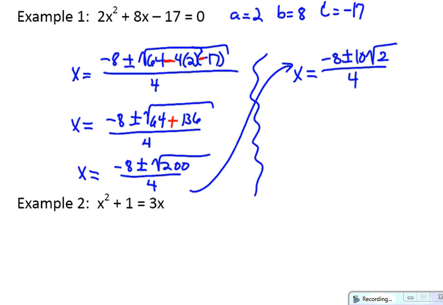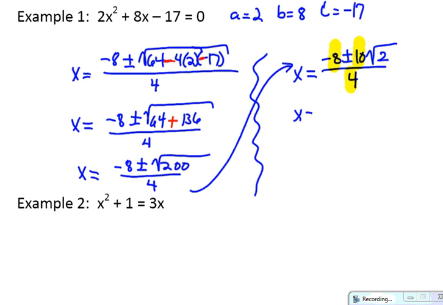In order to reduce it, I am going to need a number that goes into all 3 of those positions right there. It can't just go into 2 of them. It has to go into all 3 of those spots. And I can see that 2 will go into 8, will go into 10, and it'll go into 4. So I am going to reduce this by 2.